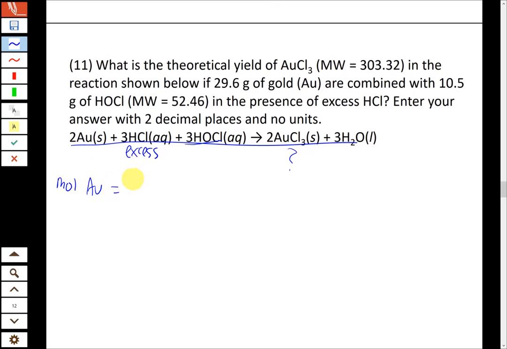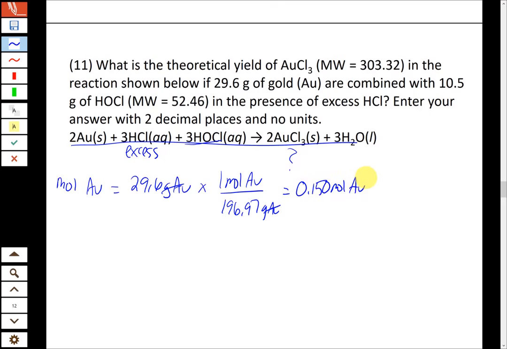So for gold, we have 29.6. And I didn't give you the molar mass of that, but that's an element, so we're just going to use the number from the periodic table. I won't flip back to it, but it's going to be 196.97. So we're going to convert grams to moles for both reactants. So that's 0.150.